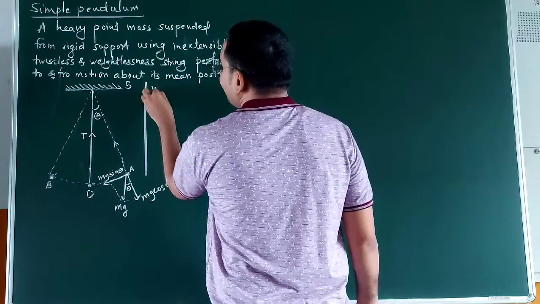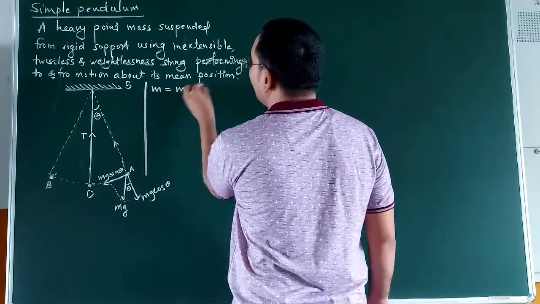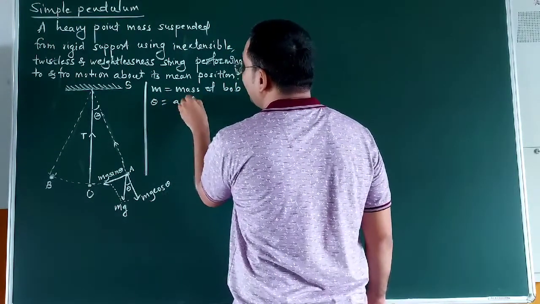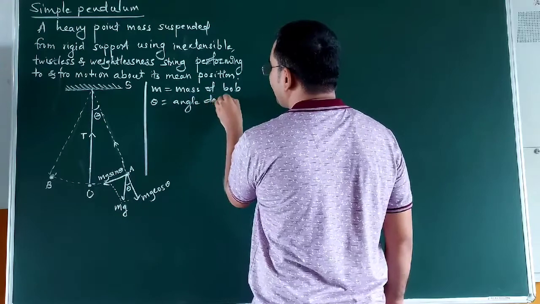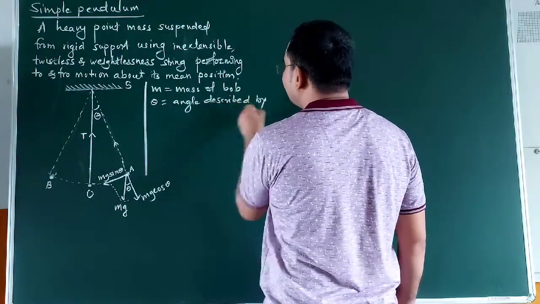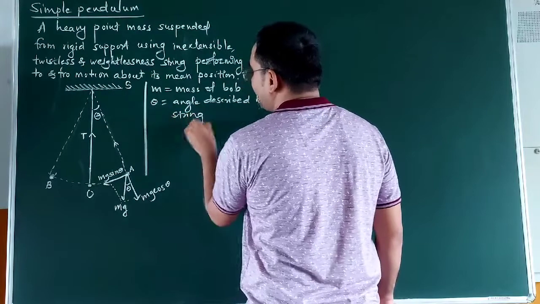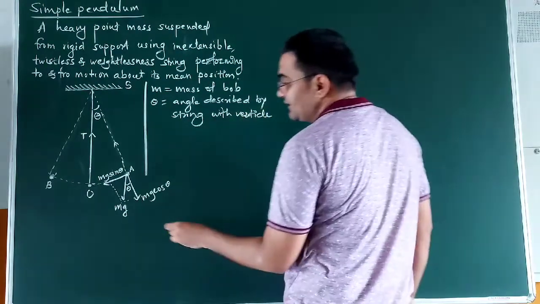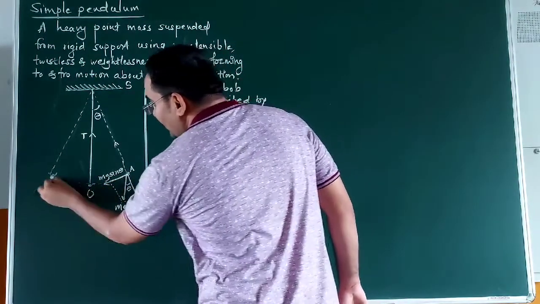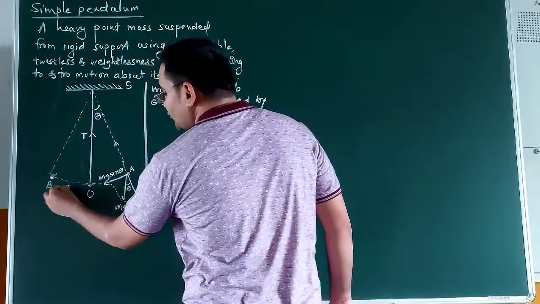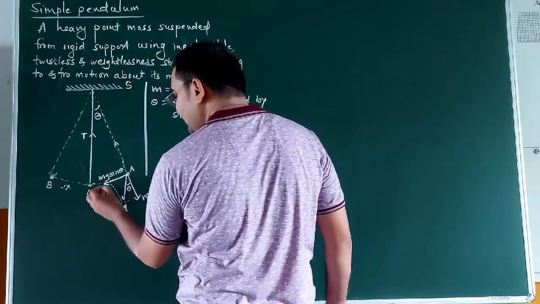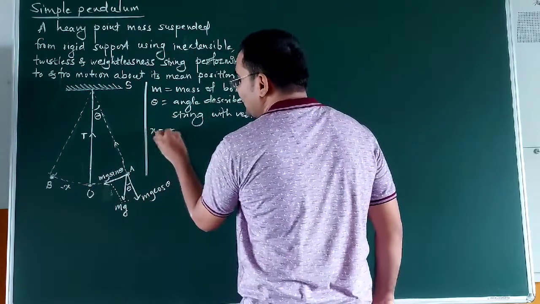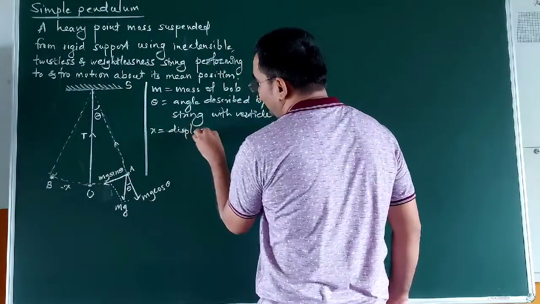Now, if I say m is the mass of the bob, theta is the angle described by the string with the vertical, and x is the maximum displacement of the bob from its mean position, so it is minus x towards this side and here it will be plus x. So I will just write, x is the displacement of the bob.